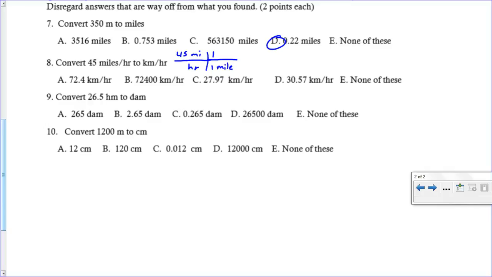is equal to 1,609 meters. And then if you think about your metric prefixes, you can figure out that there are 1,000 meters in 1 kilometer. All right, and then if you go through and multiply those together, you get 72,400 over 1,000, all right, which ends up giving you 72.4.